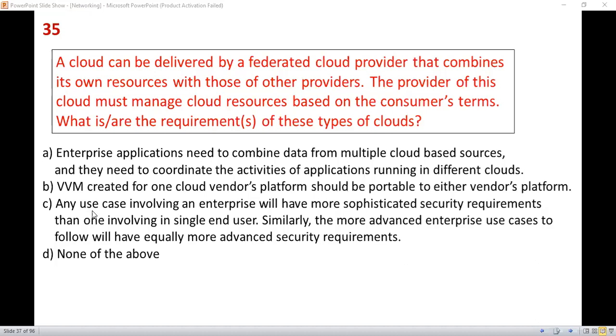Similarly, the more advanced enterprise use cases to follow will have equally more advanced security requirements. Or the fourth option, none of the above. So you just need to tell me what will be the answer for this question. Anyone can tell me what will be the answer?